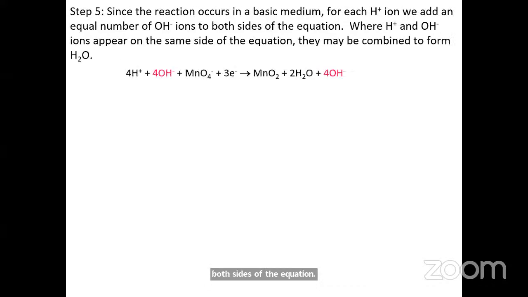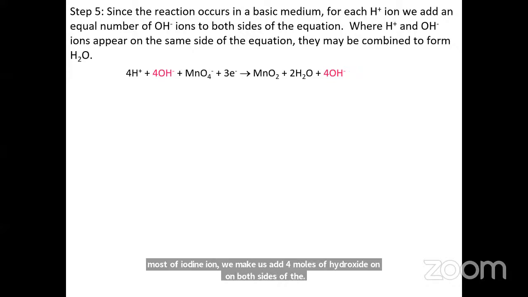That is the one highlighted in red. That is the hydroxide ion we have added on both sides of the equation.